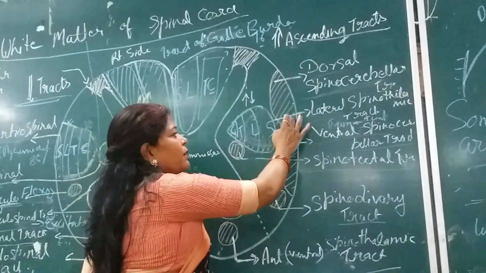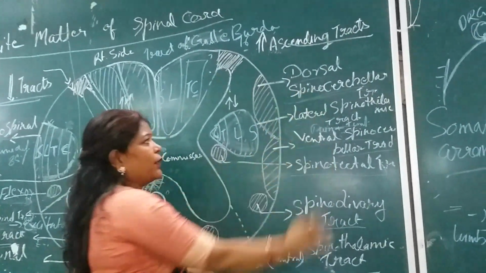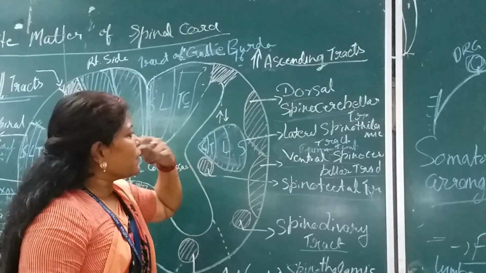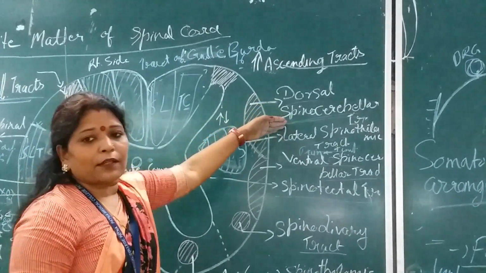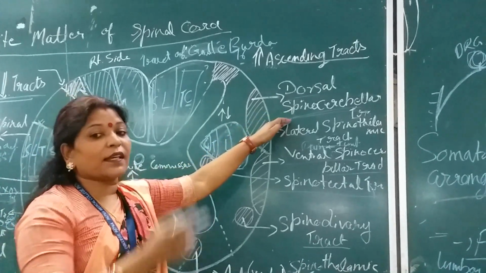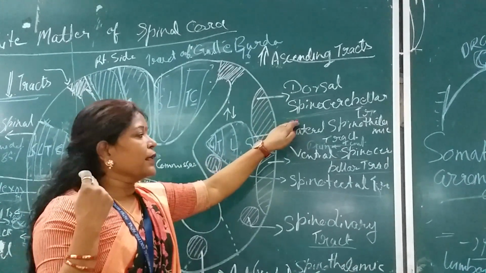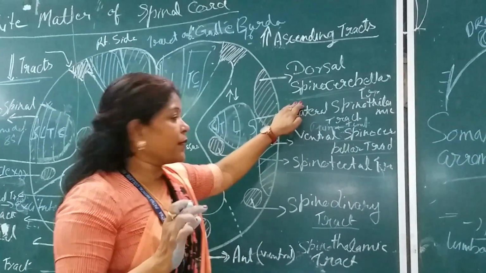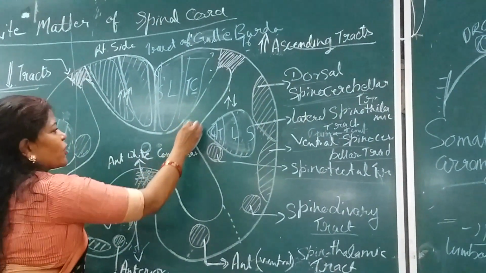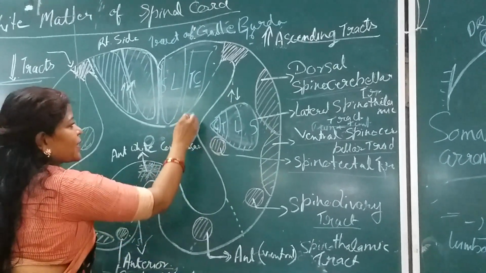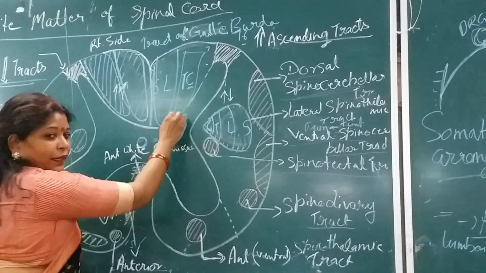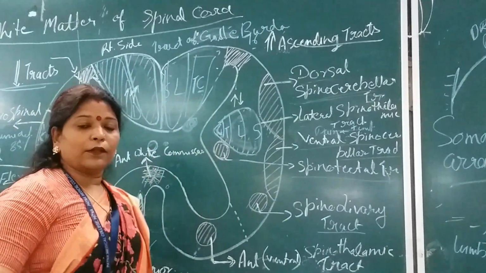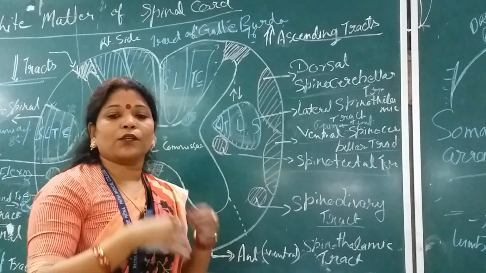Now, one by one, the dorsal spinocerebellar tract. You remember that in the gray matter there is the Clarke's column nucleus, present in lamina 7 at the base of the dorsal gray horn, also called the nucleus thoracis.